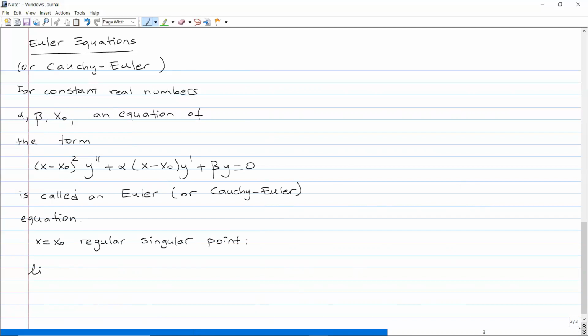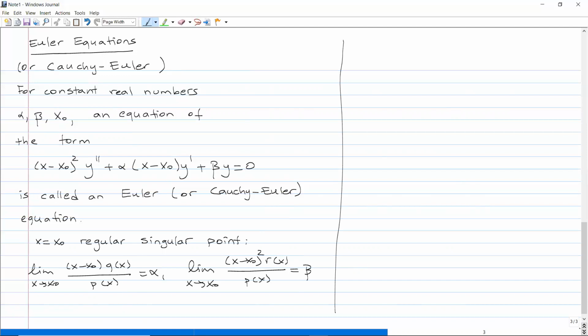And if you look at the limit as x approaches x0 of x minus x0 times q over p, this turns out to be the constant alpha, and the limit as x approaches x0 of x minus x0 squared r over p. This limit comes out to be the number beta. So it's a regular singular point.